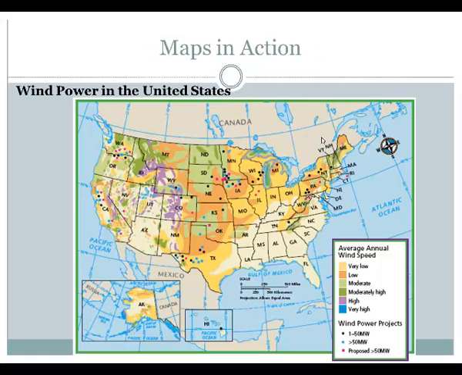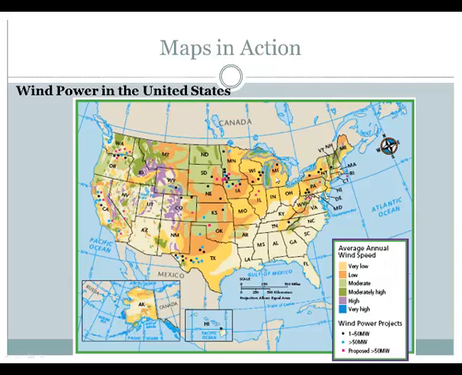This picture right here shows some of the areas where there is a higher wind speed. You'll notice on the Plains States, just to the east of the Rocky Mountains, there is a pretty moderate wind pattern. In parts of the Rocky Mountains, there are very high wind patterns. And then as we get over towards the east, it kind of goes down a little bit. This actually shows Michigan as being very low.